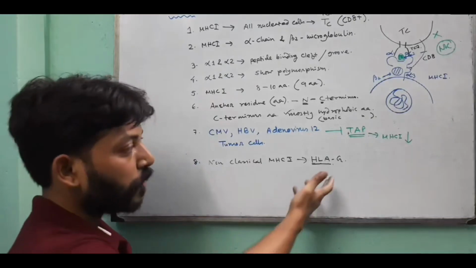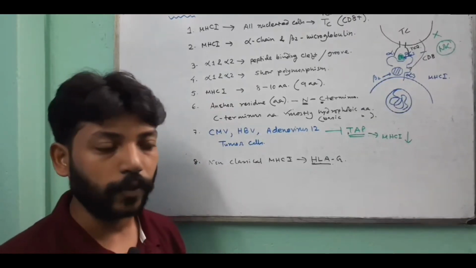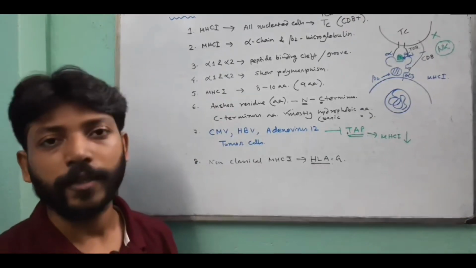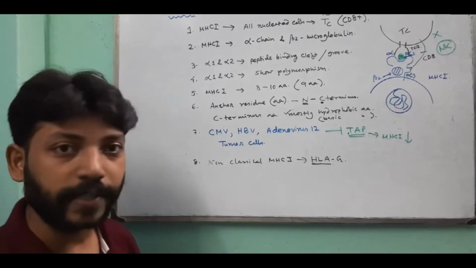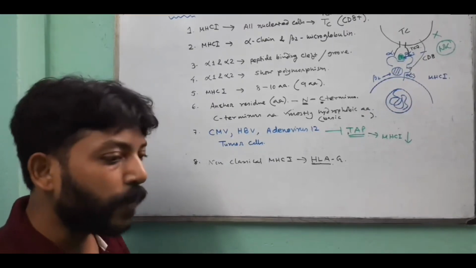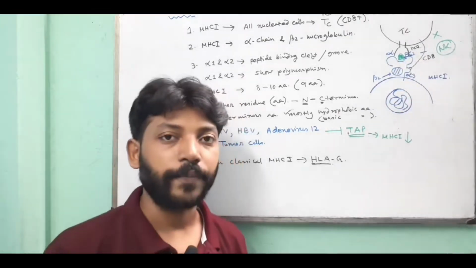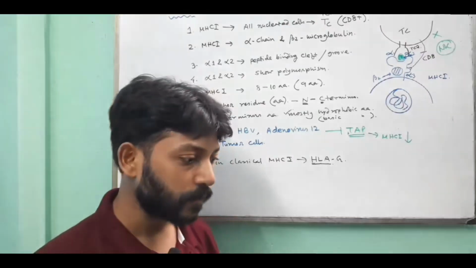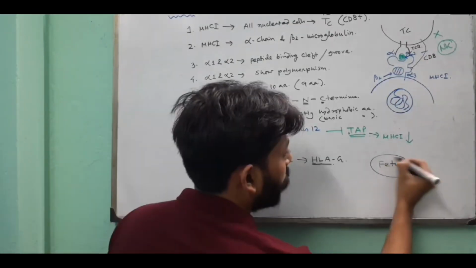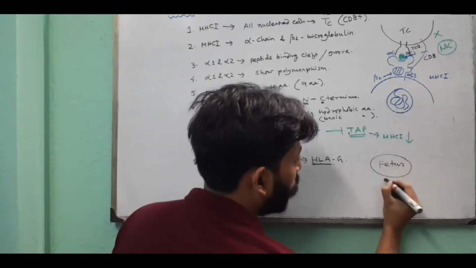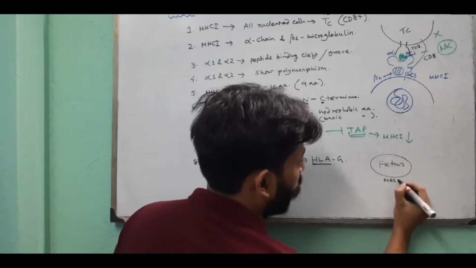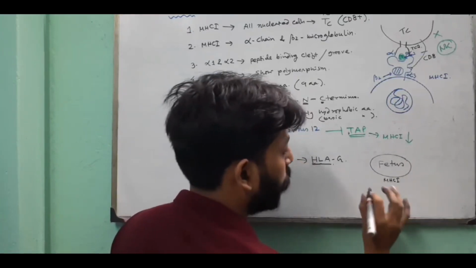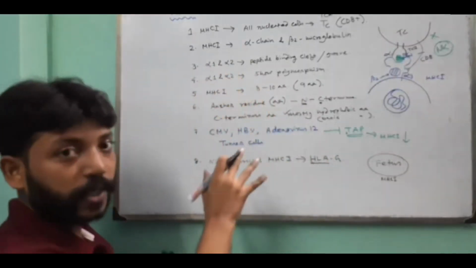What is the function of this non-classical MHC molecule? It has a very important function. When a mother conceives a baby or fetus, the fetus has both MHC molecules, it may be MHC 1 or 2, I am talking about MHC 1 because today's topic is MHC 1.